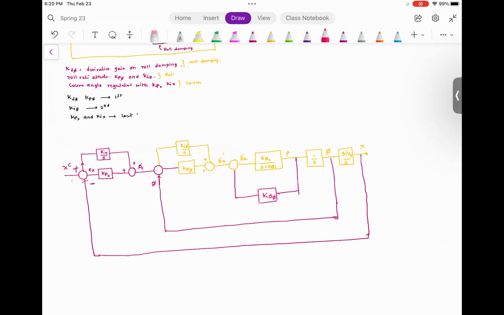The outermost loop is comparing the actual course to the course that is set. What you are getting here is the actual course, and what you have here is the set course.